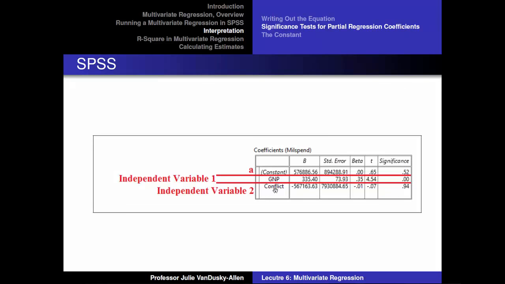Now moving on to conflict. We expected conflict to have a positive effect on military spending, yet the sign of B hat for conflict is negative, so the coefficient B hat is not significant, is indistinguishable from 0, so we do not have support for our hypothesis.